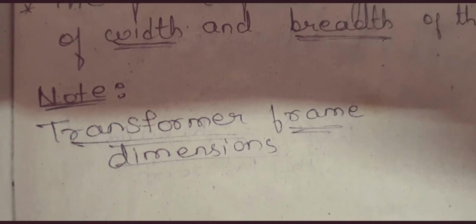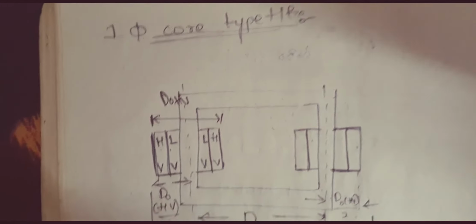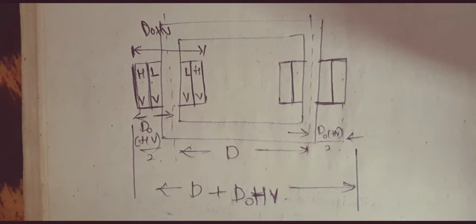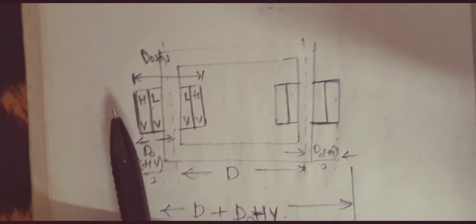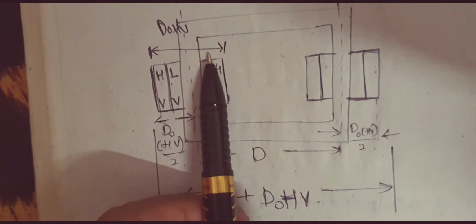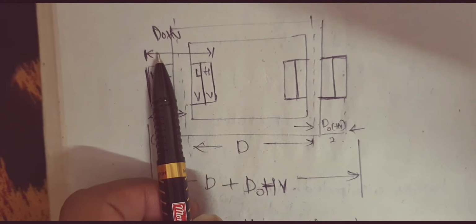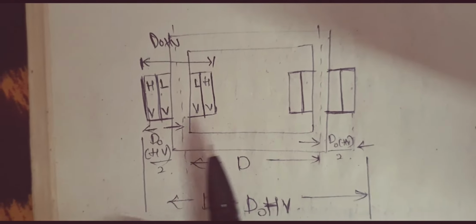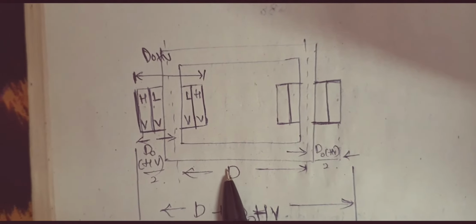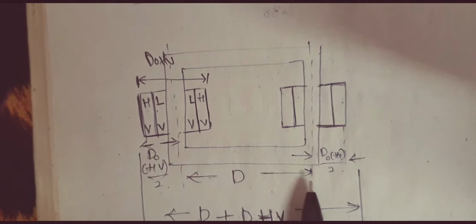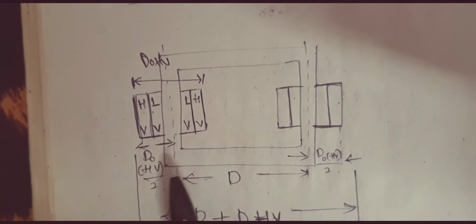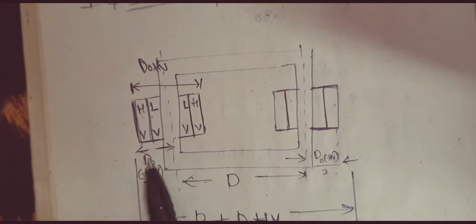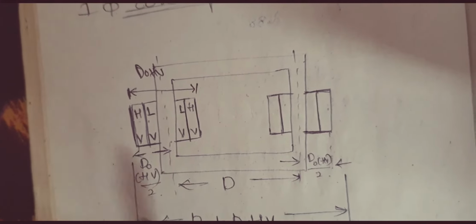The transformer frame dimensions. For a single phase core type transformer, this is the diagram. You can see DOHV is nothing but the outer diameter of the HV winding. Now this capital D is nothing but the distance between center to center limb, and here this is the midpoint, so I am writing this length as DOHV by 2.